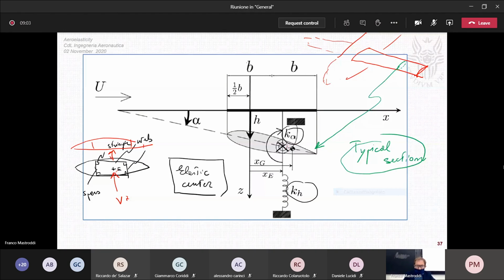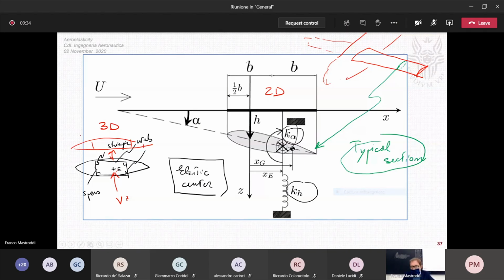And this is equivalently happening here, because if this point now is the point where the springs are connected, if you apply a static force in this point, the result is a pure translation of this section airfoil. So the role of this point in the 2D vision is the same role here in the 3D vision in terms of elastic center.